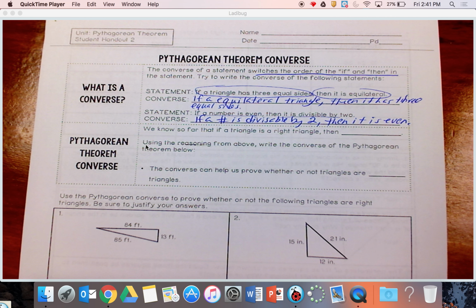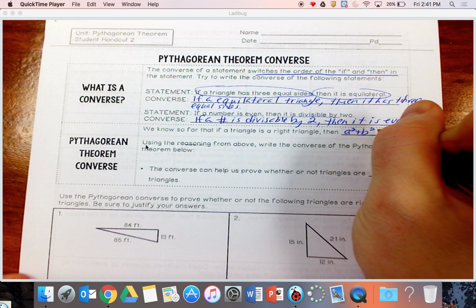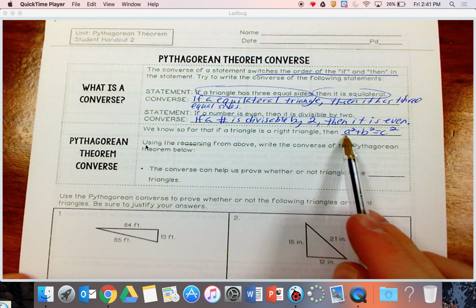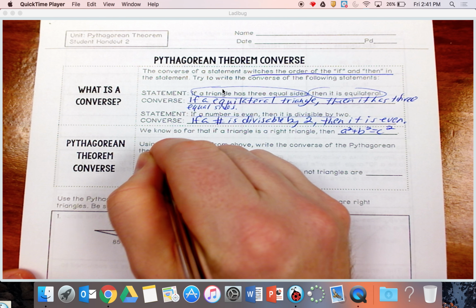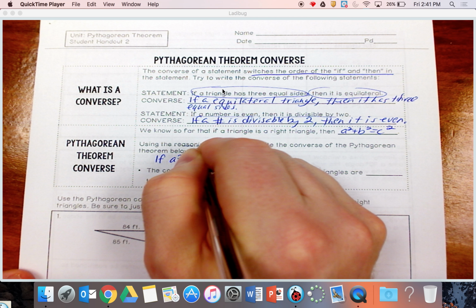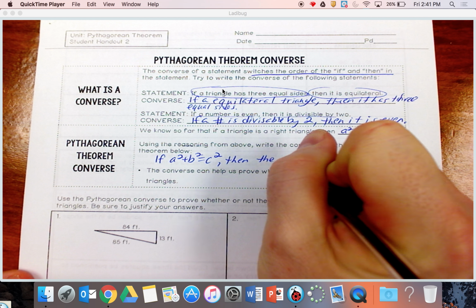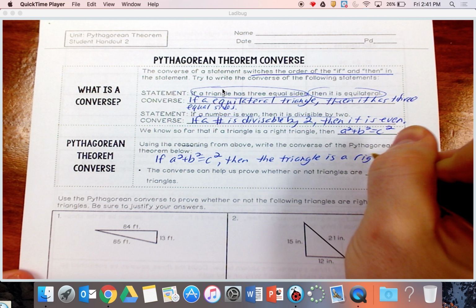And so if we know that the Pythagorean theorem, a squared plus b squared equals c squared, only works for right triangles, and that the two legs added up when I square them is equal to the hypotenuse squared, then I can reverse it by saying that if a squared plus b squared equals c squared, then the triangle is a right triangle.